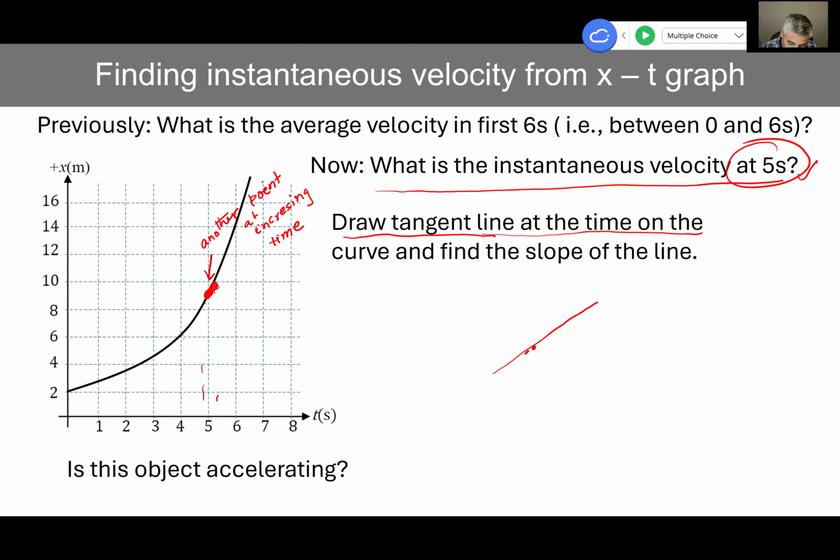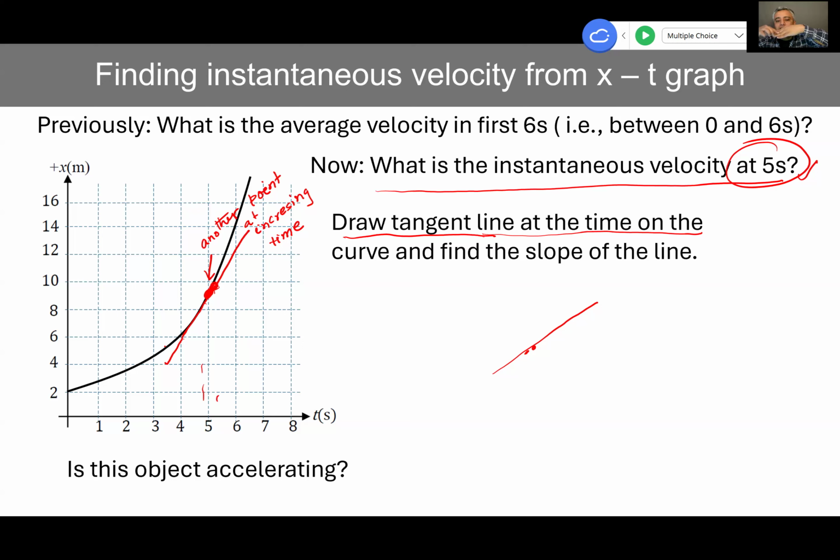So if we draw it correctly, this line is not going to cross the original curve. If it's crossing the original curve, that's not a tangent line. What happens is it just passes through, just touching that point of interest.